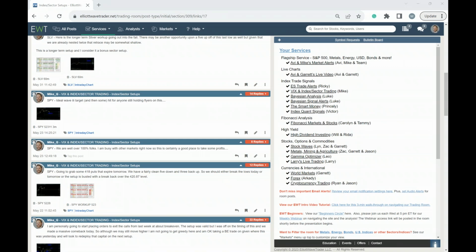Do limit orders for exits work well? What about setting stop losses? I don't ever set stops on options because, especially with these shorter term options, you want to exit as they're going up. You really don't want to be setting stops and trying to get out when they're going down. That's why the minimum target is so important.